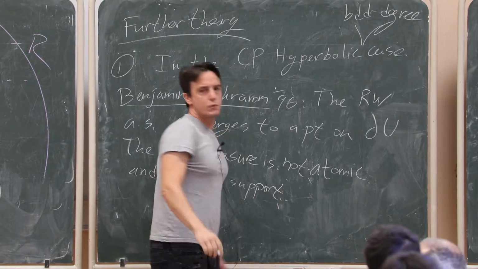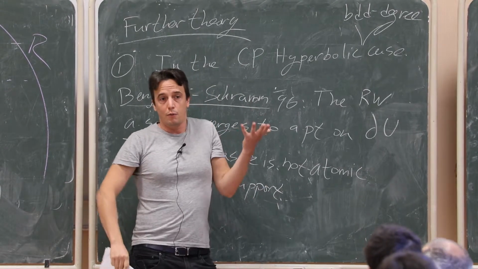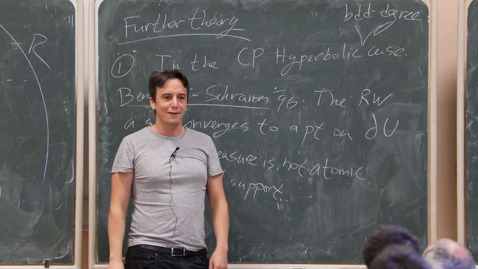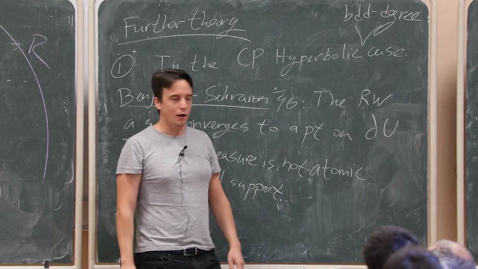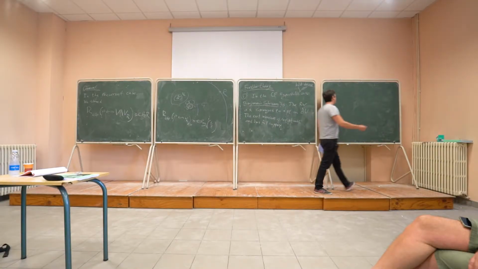Right, so for those of you who know what harmonic functions are, you can ask, are there bounded harmonic functions on this graph? And the answer now is yes, right?